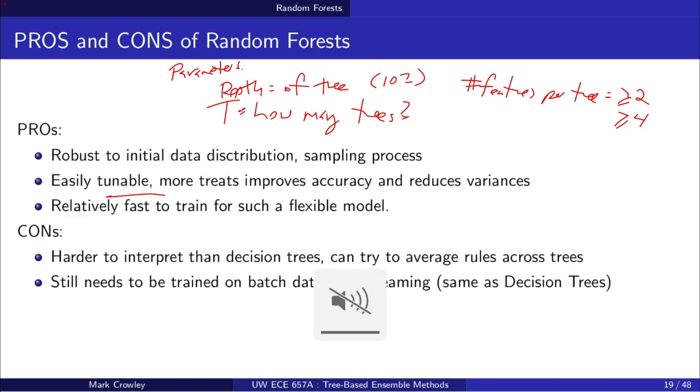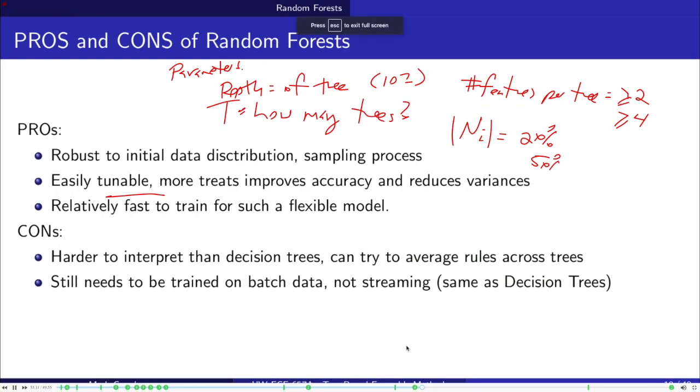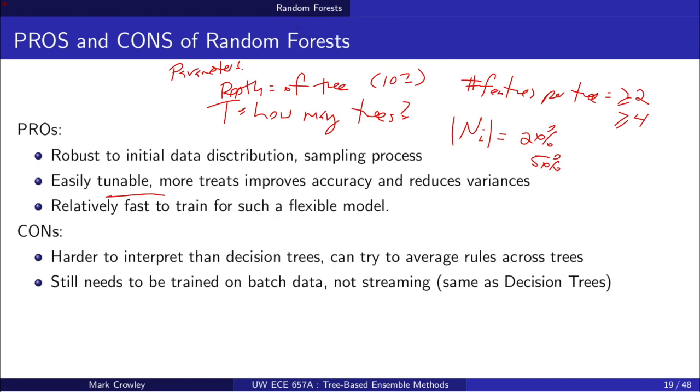Size of the subsets, yeah, for sure. So the size of each n, maybe you give each tree 20% of the data each time, but when it's randomly deciding which 20%, if you give it 50% of the data, then they're all going to learn the same things very frequently. But it depends how much data you have. If you have a very small amount of data, maybe you do want to train it on 70%.